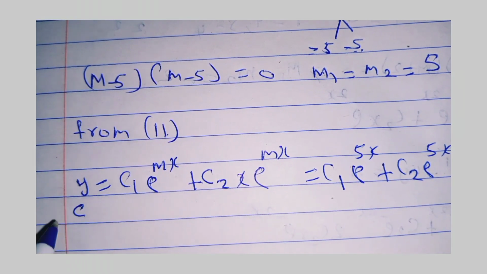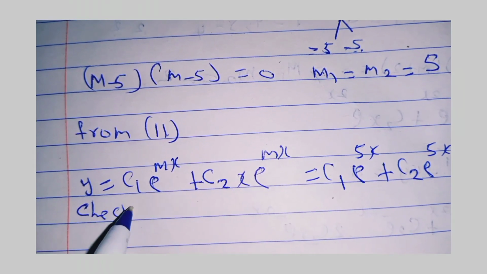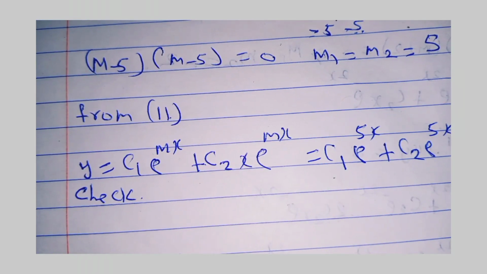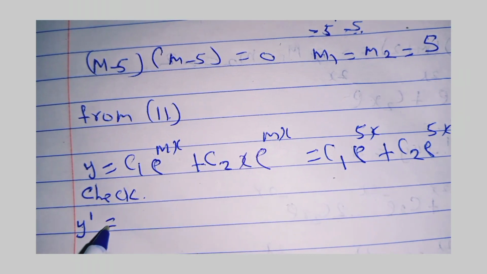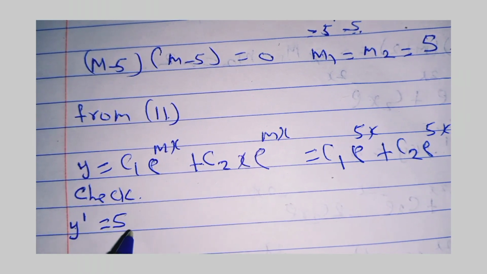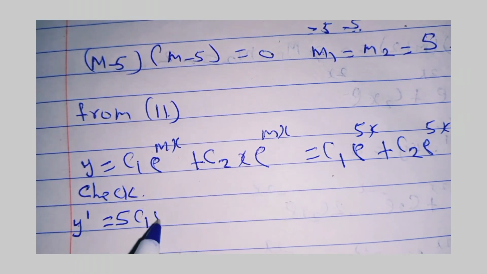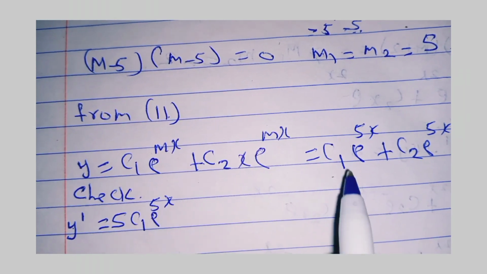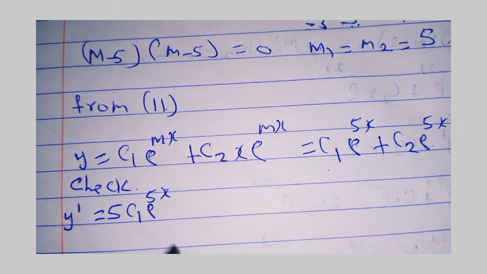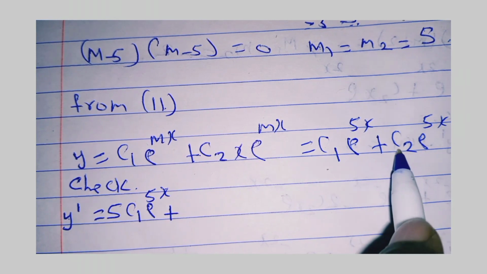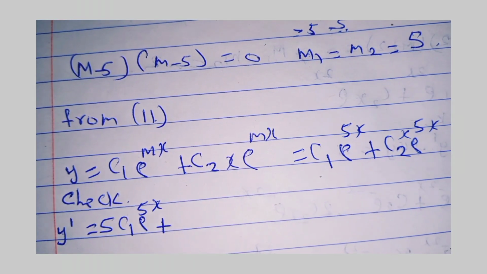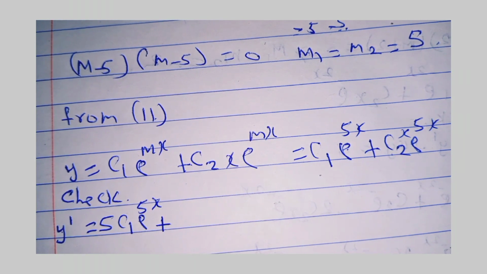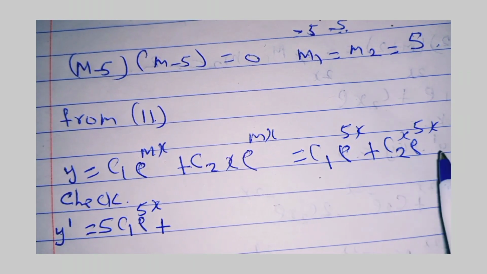The next thing which I want us to do is to check whether our working is correct, whereby we have now y single prime is equal to 5 c1 exponential 5x. Differentiating this equation once, plus, when you differentiate here, there is x here, so this is c2x exponential 5x.